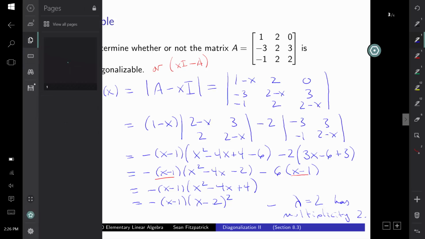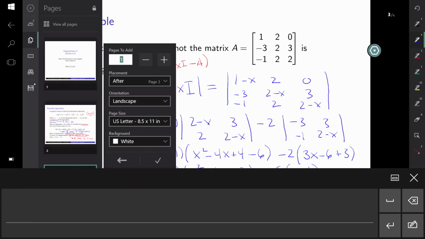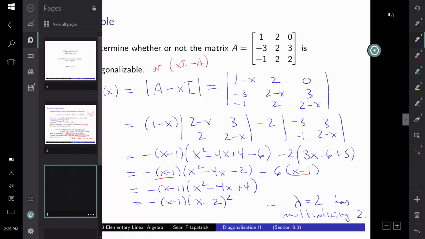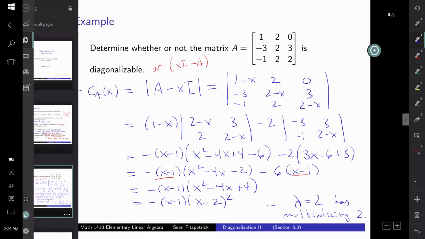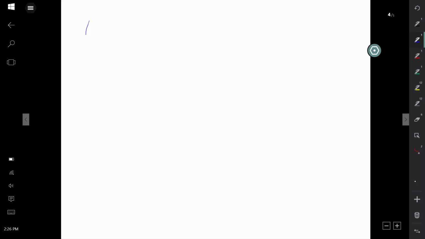So let's add a page in here. Okay, we'll add one more. Oops, I don't need that. There we go. And let's see if we can figure this out. So when lambda equals 2, I've got to do A minus 2 times the identity. So A was 1, 2, 0, minus 3, 2, 3, minus 1, 2, 2.